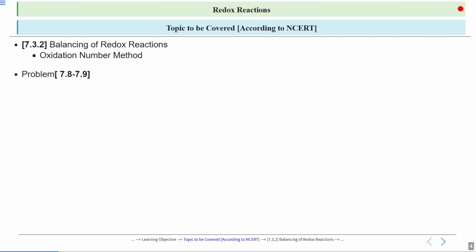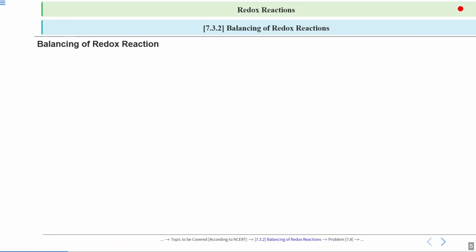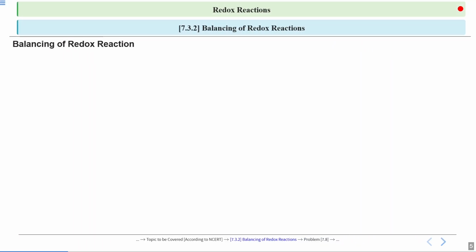We will also solve the problem 7.8 and 7.9 and summary. So now let's start the lecture: what is balancing of redox reaction, and why do we need to balance a chemical reaction?